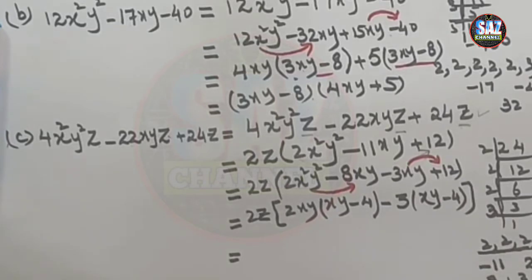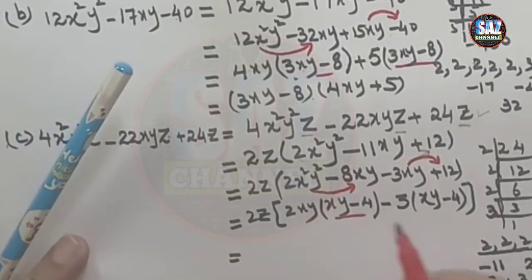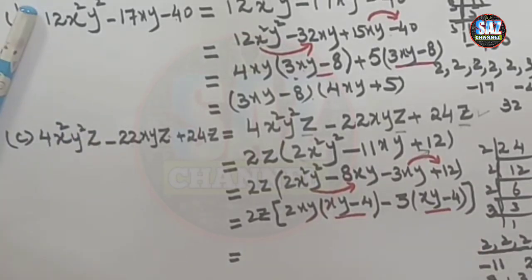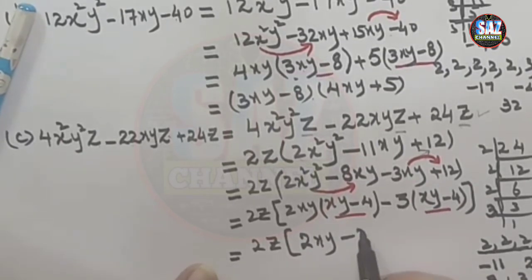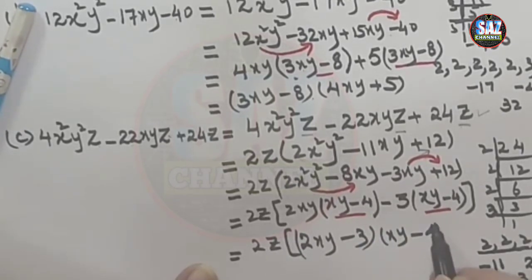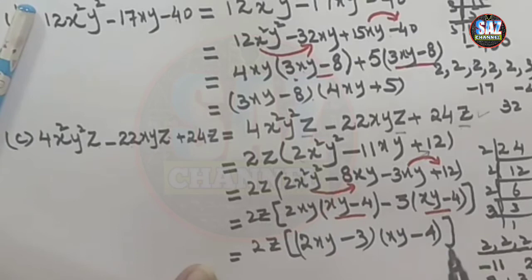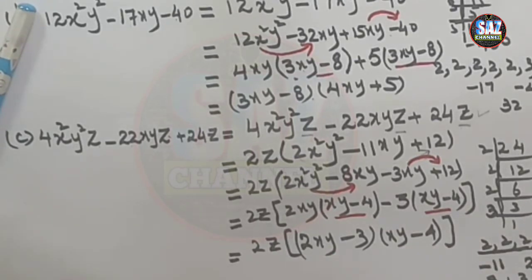I hope you have understood this question. So this is the common group, I will extract it out, and it will take the form 2z into 2xy minus 3 into xy minus 4. I hope you have understood this question.